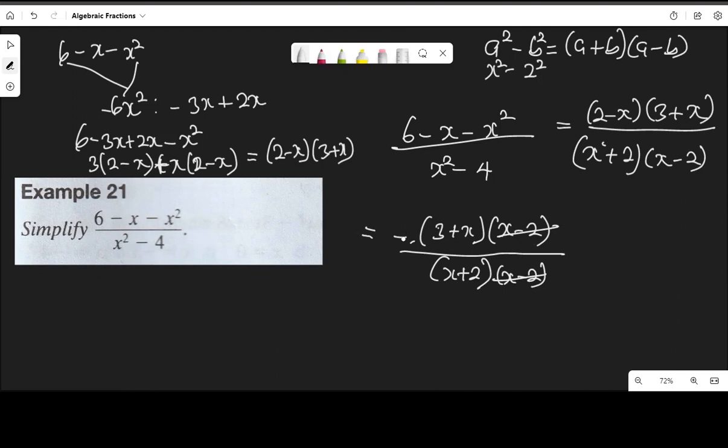The essence of multiplying by negative 1 is to reverse, it changes the arrangement of the terms here. Remember it's 2 minus s here, but I want to make it the same as this denominator. So I multiply through so I can change the order of the terms so that at least one can cancel out. So we have negative 3 plus s over s plus 2 as the final answer.